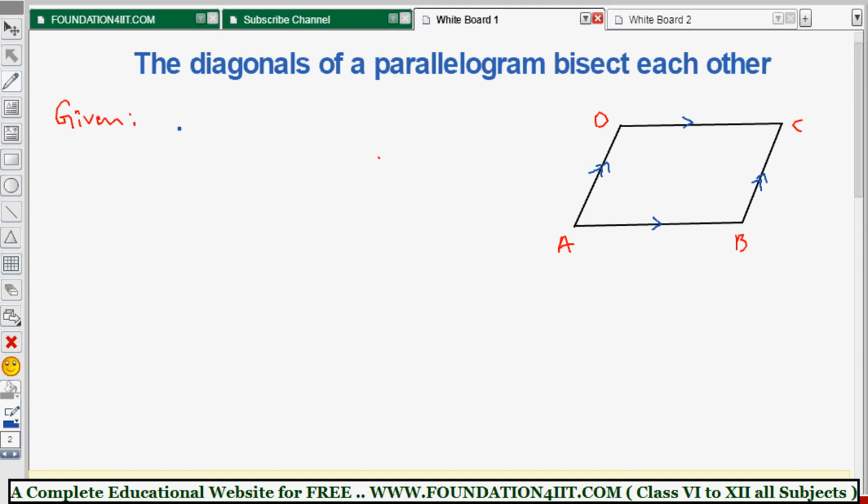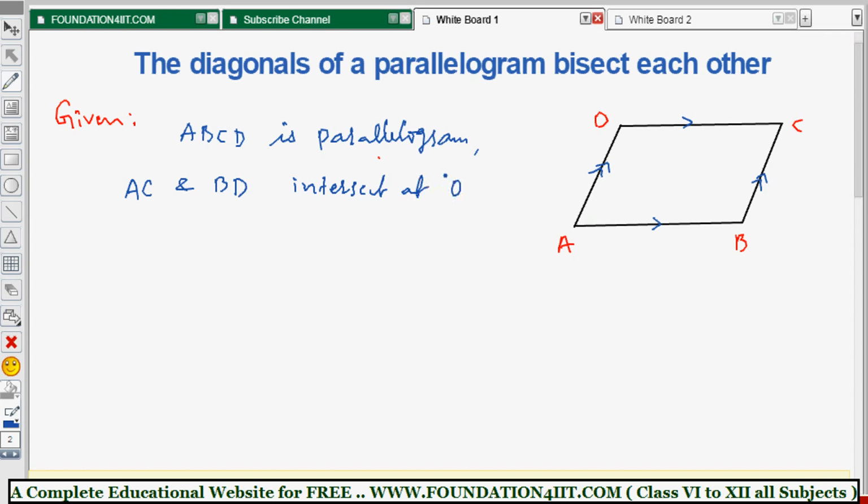Okay. So ABCD is a parallelogram and diagonals AC and BD intersect at O, because AC is one diagonal and BD is the other diagonal.